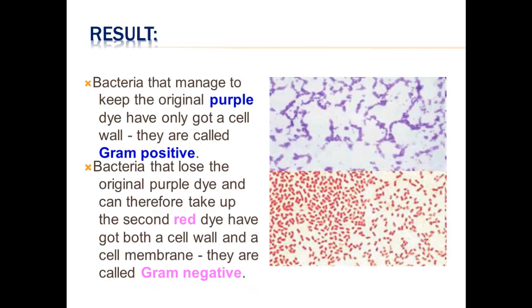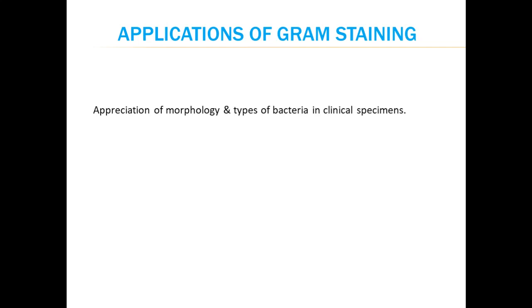Bacteria that manage to keep the original purple color dye are called gram positive bacteria. Bacteria which lose the purple color and take up the red color are called gram negative bacteria. So this is how the gram staining technique differentiates gram positive and gram negative bacteria.